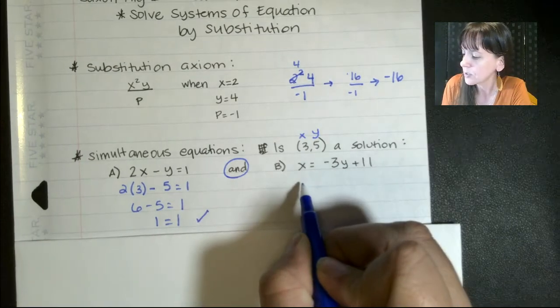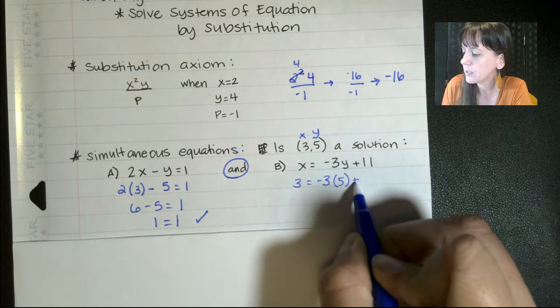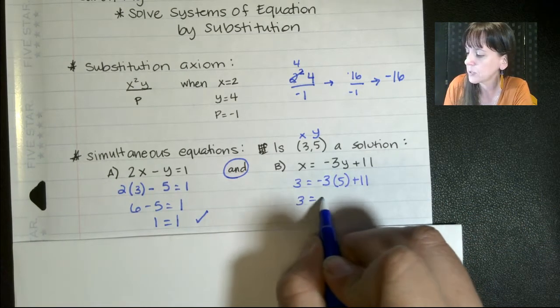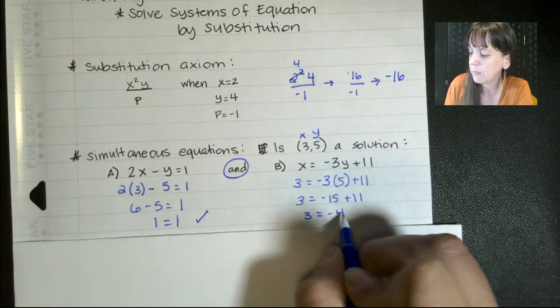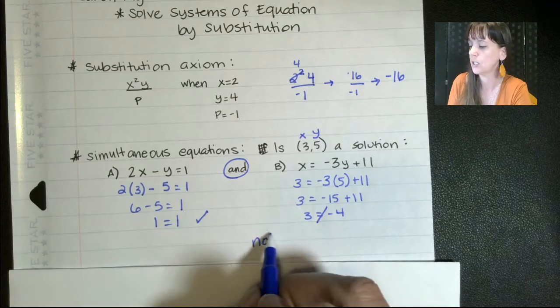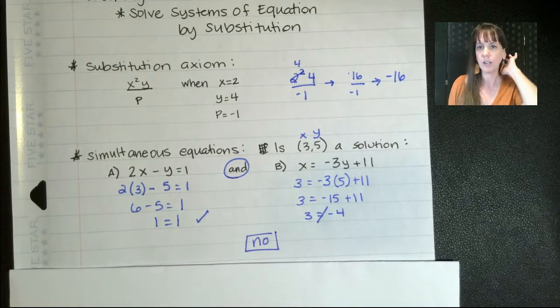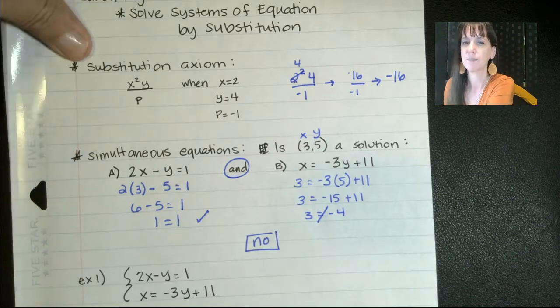This is an x, so we'll say 3 equals -3 times 5 plus 11, that gives us 3 equals -15 plus 11. Ooh, 3 equals -4. No, it does not. So this is not a solution. No, (3, 5) does not satisfy both equations. So what does that mean?